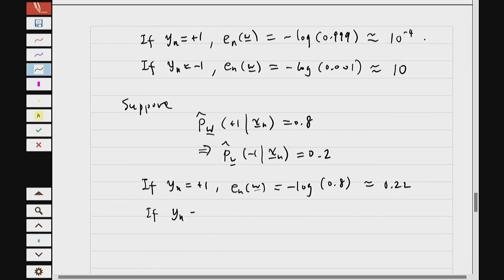And if yn equals -1, the error E_n, now you plug in the one with negative, so 0.2. Roughly, should it be bigger than 0.22 or smaller than 0.22? Why?